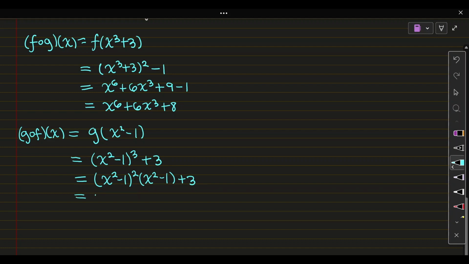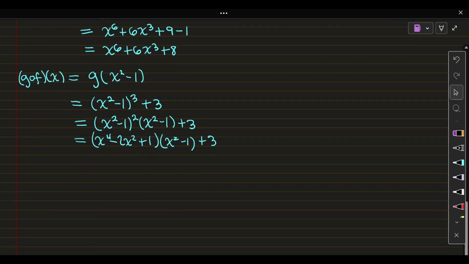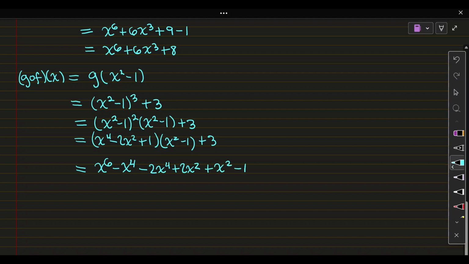This is going to give me x to the 4th minus 2x squared plus 1, times x squared minus 1, plus 3, which is going to give me x to the 6th minus x to the 4th minus 2x to the 4th plus 2x squared plus x squared minus 1 plus 3.